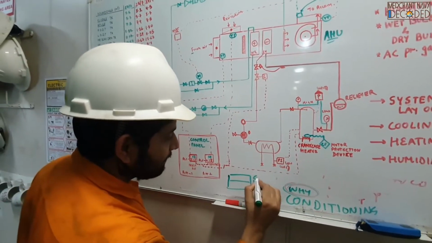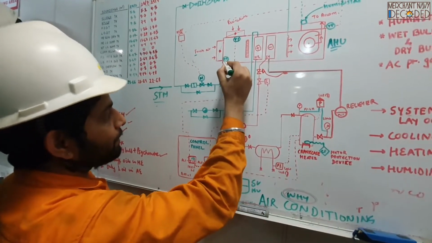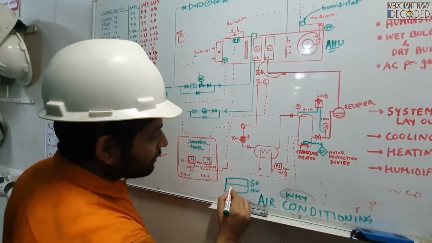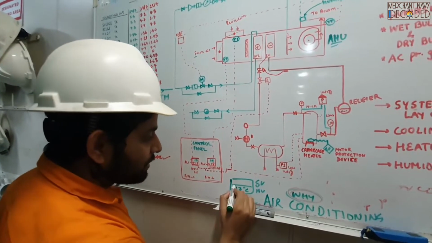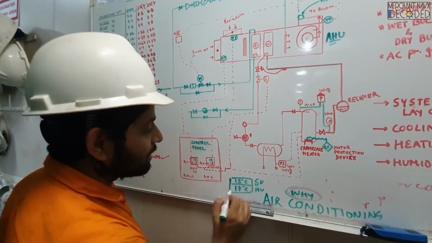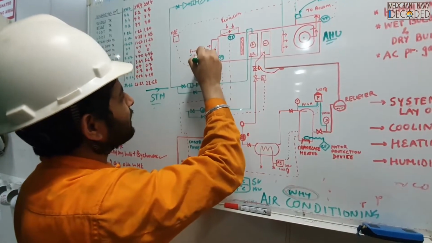There is a set value and there is a measured value. The measured value is the value being measured by this temperature transmitter over here. Say the measured value is 17 degrees centigrade. I say, okay, fine. But as soon as the temperature becomes 15 degrees centigrade, then I do not want my AC to run. 15 degrees centigrade is a good temperature in my cabins.